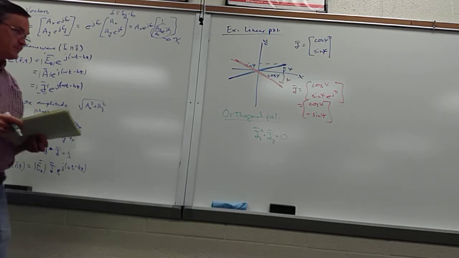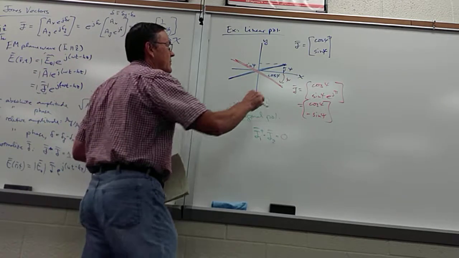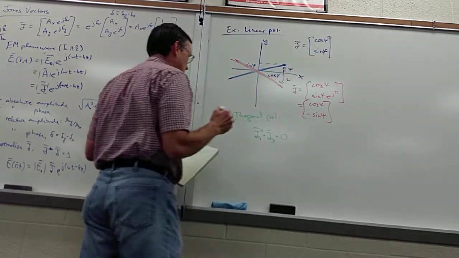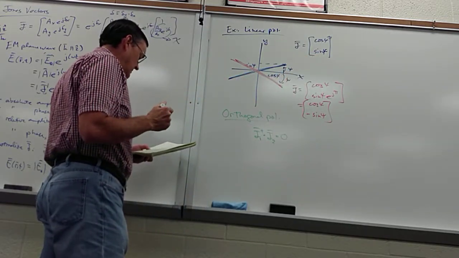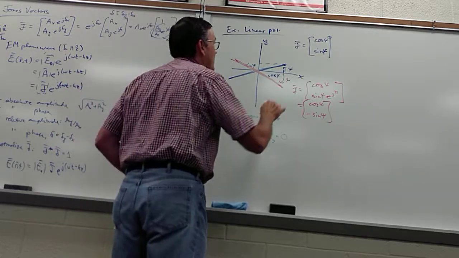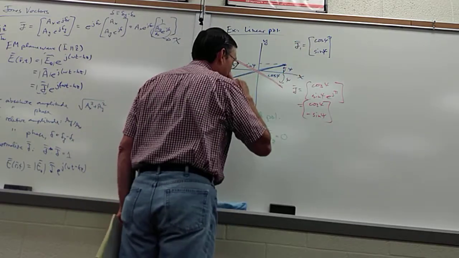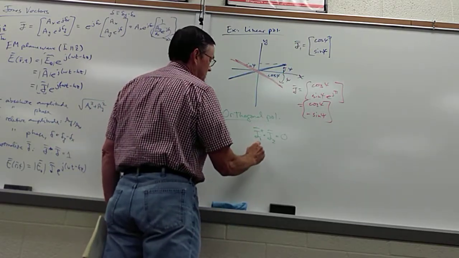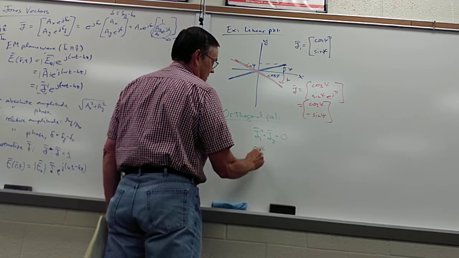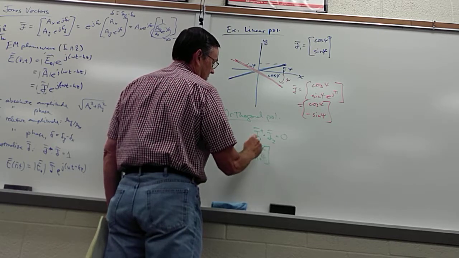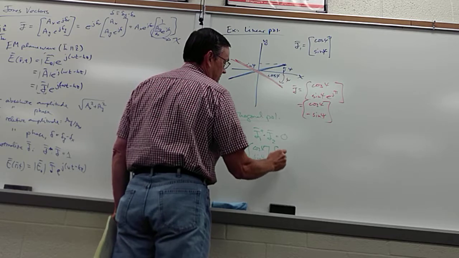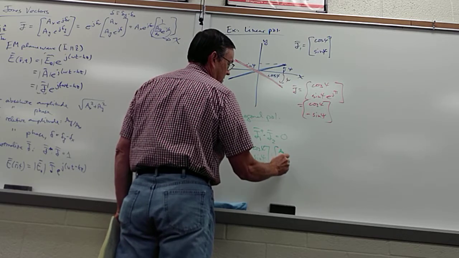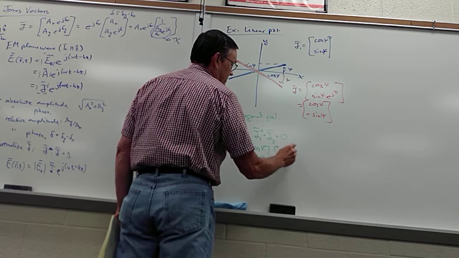So if I wanted to find the orthogonal state to this, let's say that was J1, then I'd have cosine of psi, sine of psi, dotted into ax, ay e to the j delta.